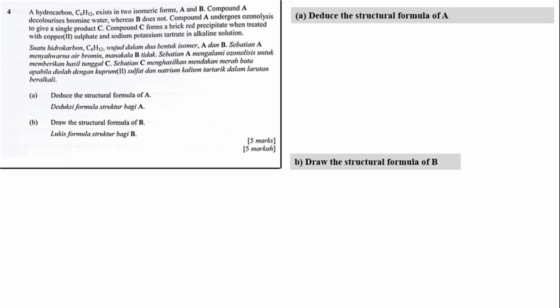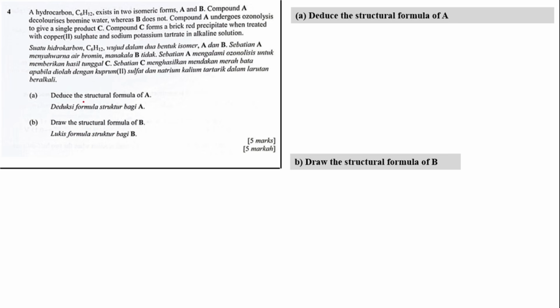Now we're going to look into question number 4. So for question number 4, a hydrocarbon, which is C6H12, exists in two isomeric forms A and B. Compound A decolorizes bromine in water, whereas B does not. Compound A undergoes ozonolysis to give a single product C. Compound C forms a brick-red precipitate when treated with copper 2 sulfate and sodium potassium tartrate in alkaline solution.